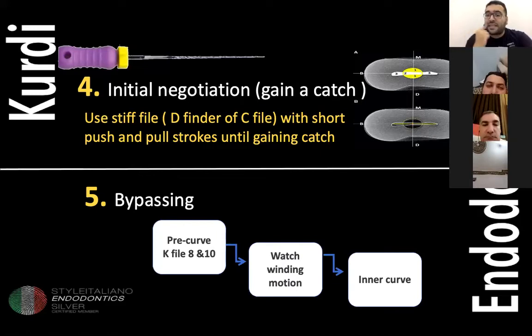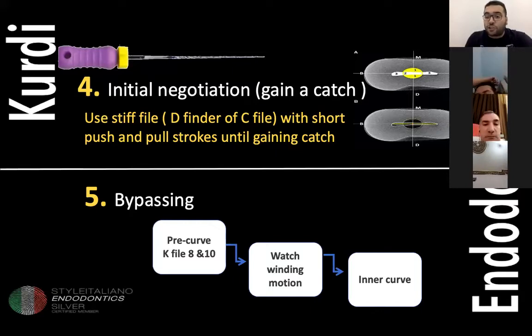The tip of the D-finder is non-cutting, so it can be used in this step. A picking motion, gentle in and out strokes, and I will show you all that in the next slides. It's very, very small, short in and out strokes until you have a catch.